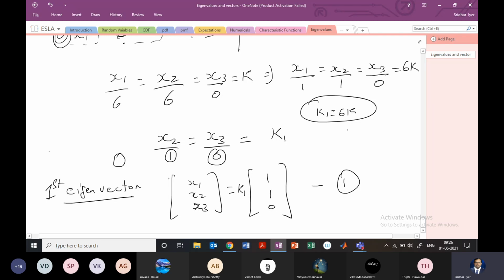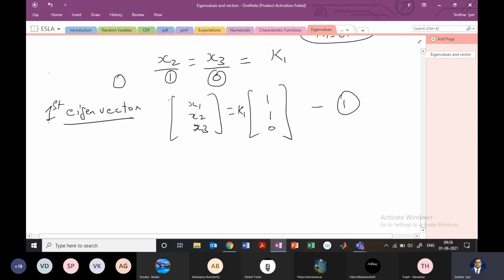Okay, now we'll take the next lambda. The next lambda we have is 3. So what I'll do is I'll give you some time to solve for this, see if you are able to do it. I'll write A minus lambda I for you.